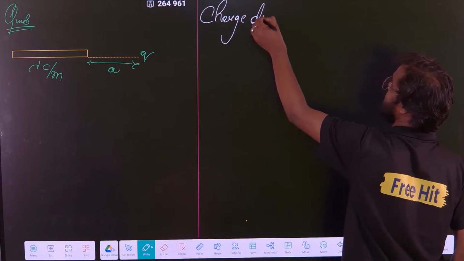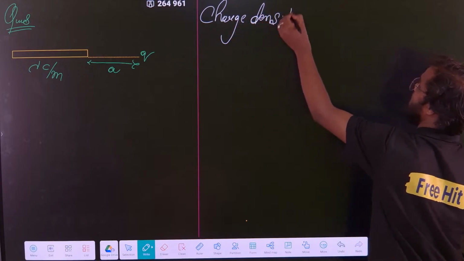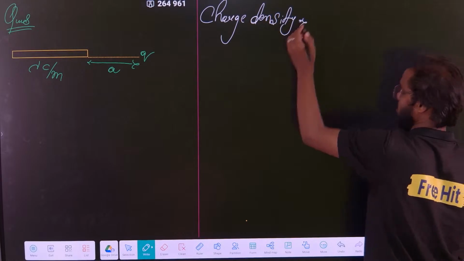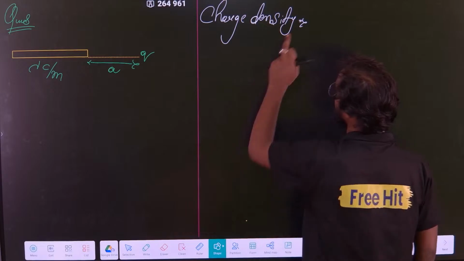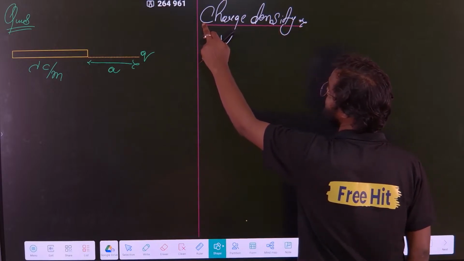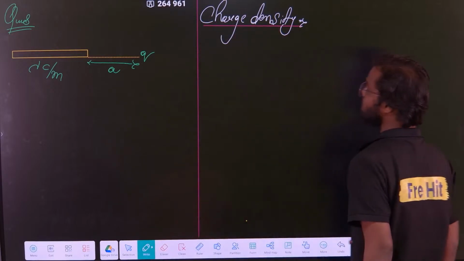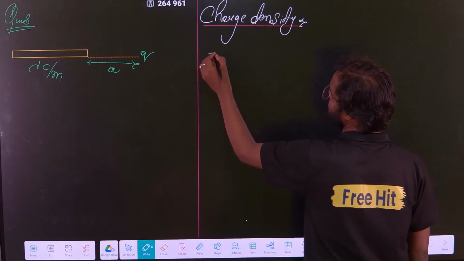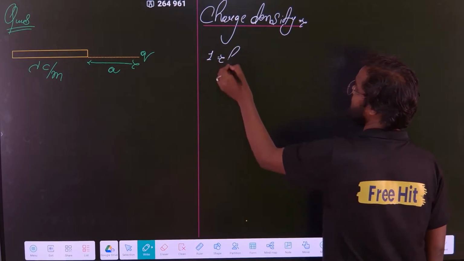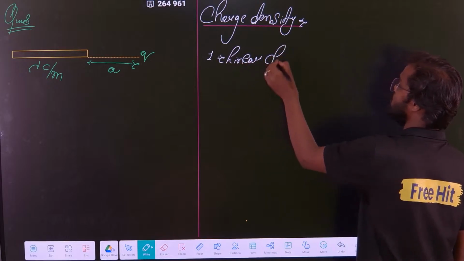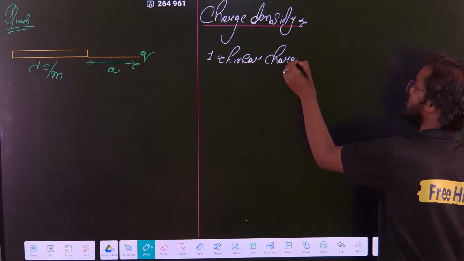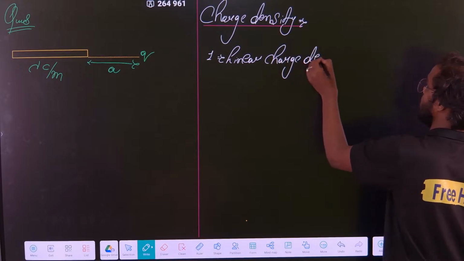We will go in a very systematic manner, so just be patient. There are three types of charge densities. First, that is linear charge density.